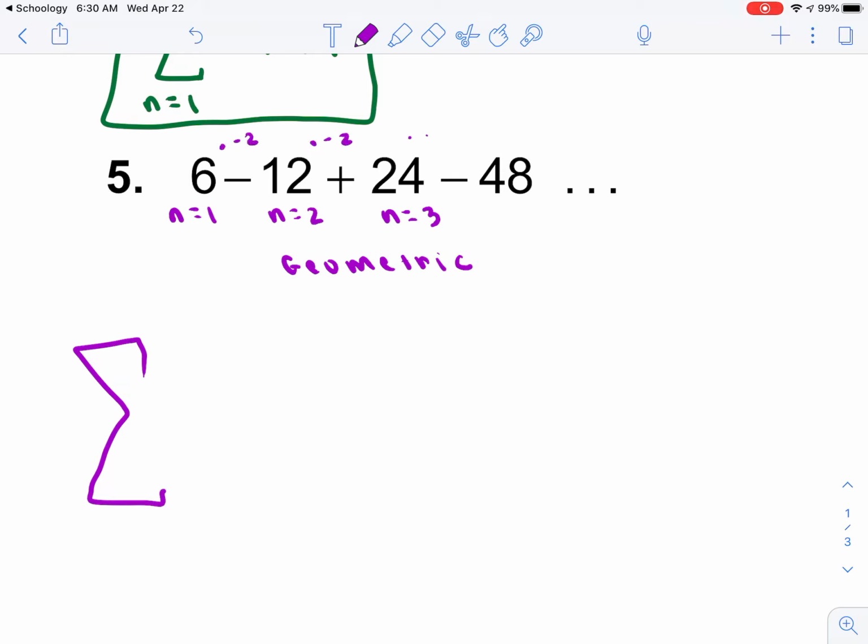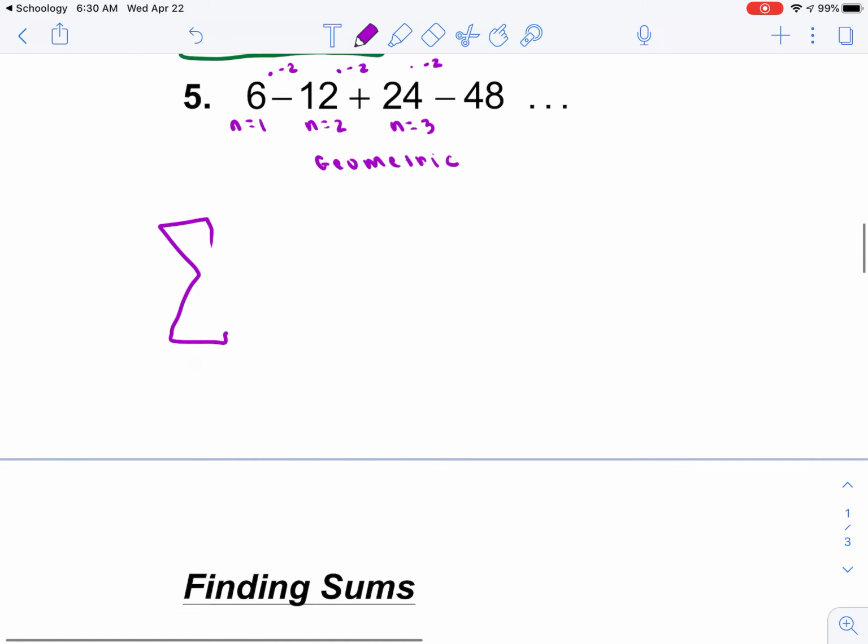Multiply by -2, multiply by -2. So again, when you write your rule, think about if you ever multiply by a value. A geometric rule, if you recall, is when we have that first term times the ratio to the n minus 1 power. So what I could do is write that first term of 6, my ratio of -2, and then I could put n minus 1.